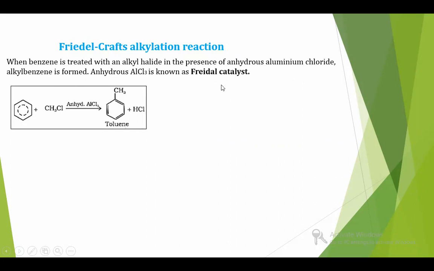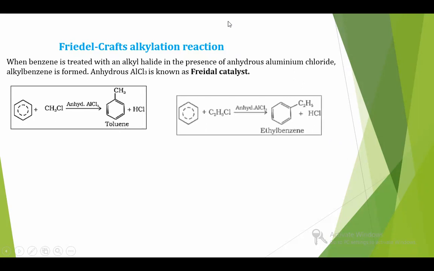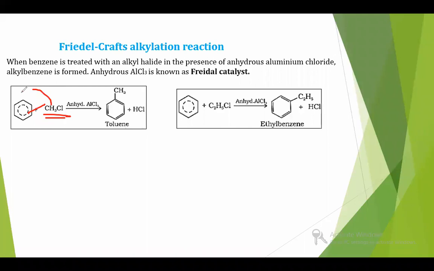Here are two examples: benzene C6H6 plus CH3Cl, with hydrogen replaced, gives C6H5CH3, called toluene, with the formation of hydrochloric acid. Similarly, C2H5Cl, ethyl chloride, with the C2H5 group replacing hydrogen, gives C6H5C2H5, called ethyl benzene, with the formation of hydrochloric acid. This is the Friedel-Crafts alkylation reaction.